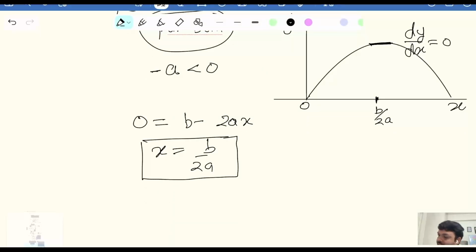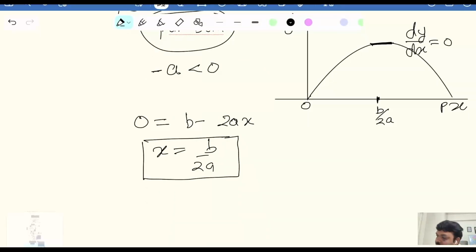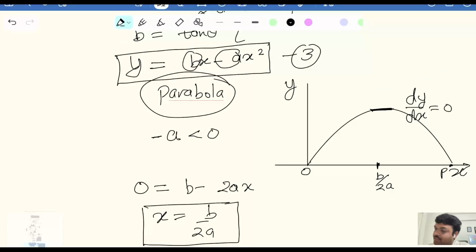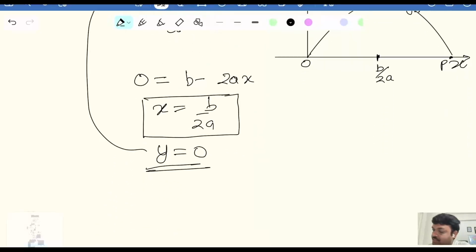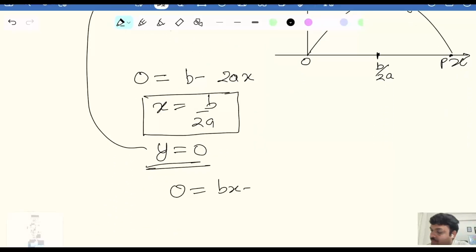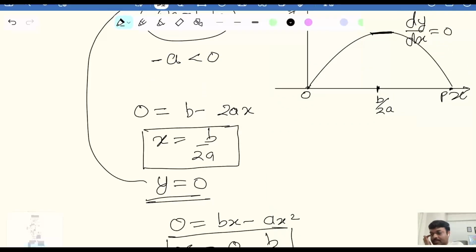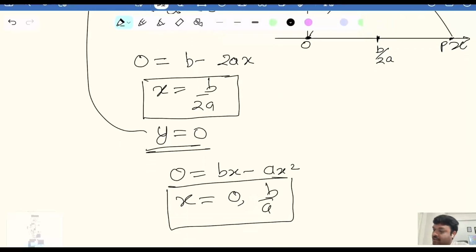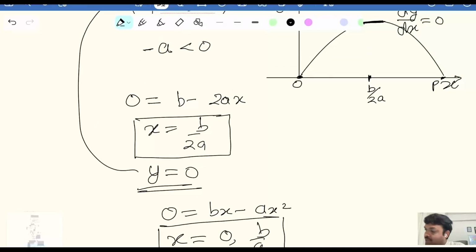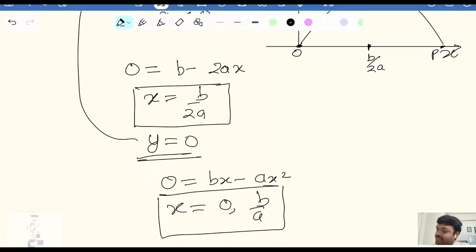Let's calculate OP, this point and this point. At these 2 points, y is equal to 0. So we can put in this equation, 0 is equal to bx minus ax square. Hence we get two solutions, 0 and b by a. So at these two positions, which is this and this, our y is equal to 0, and b by a is the range.